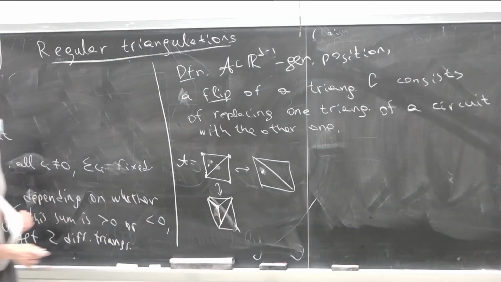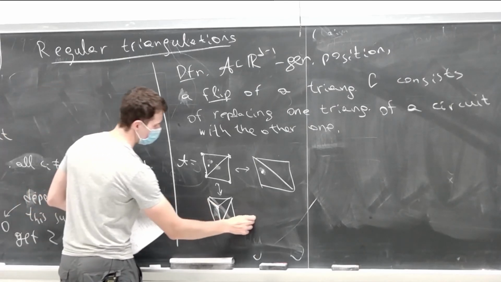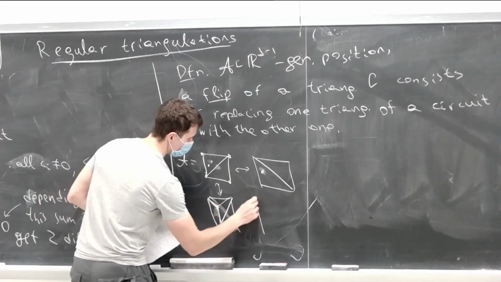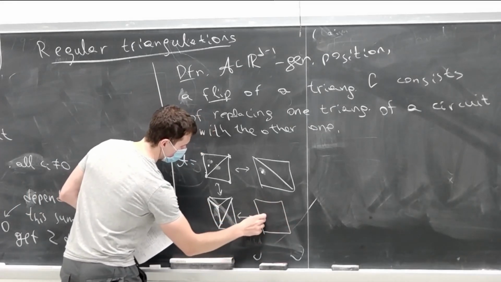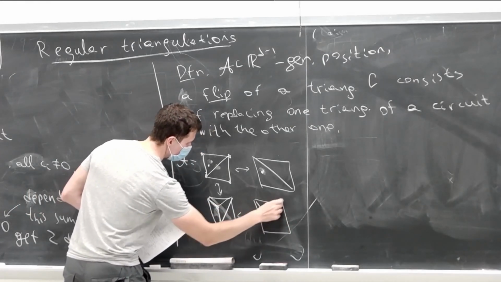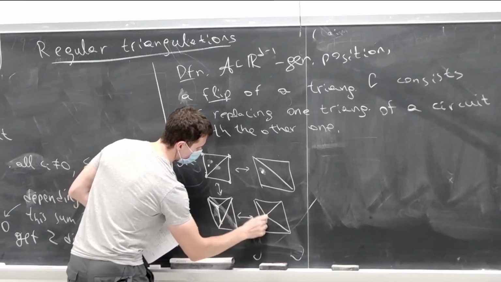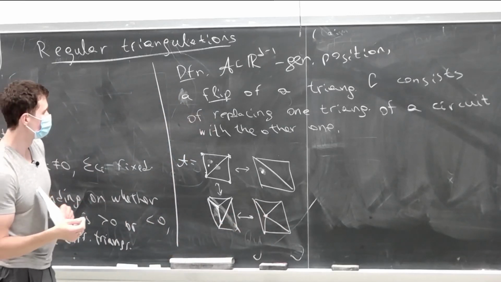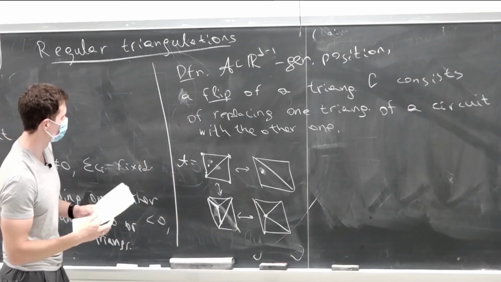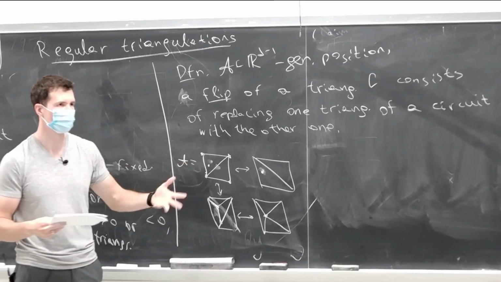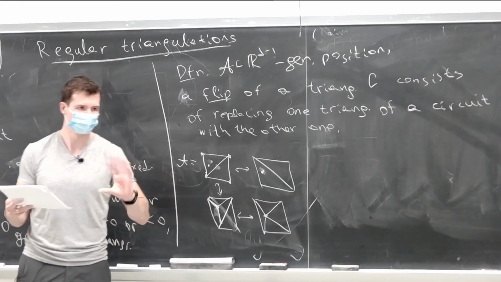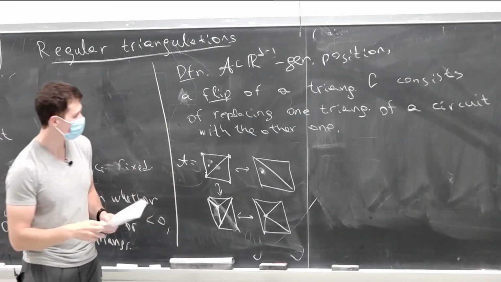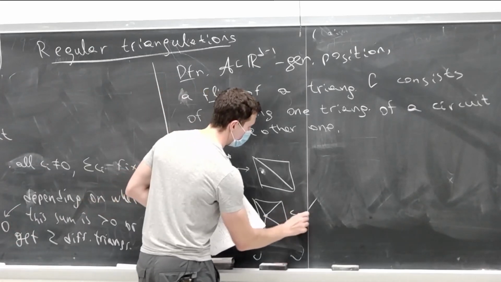And then I can flip this triangulation again, so maybe I get something like this. I can't flip all circuits. Given a particular triangulation, there's only a few moves available to me, not all possible circuits. And you can keep going.